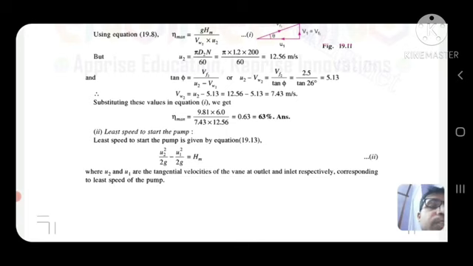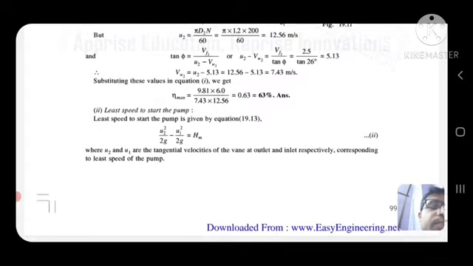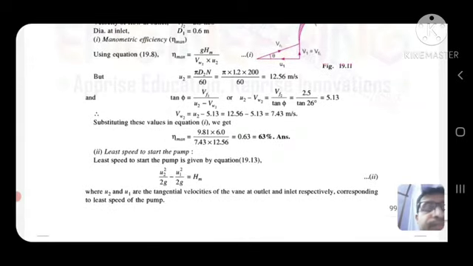So Vw2 is equal to U2 minus 5.13, 12.56 minus 5.13, 7.43 meter per second. Substituting these values in the equation, we get eta manometric equals 9.81 into 6 over 7.43 into 12.56, so equal to 0.63, 63%.